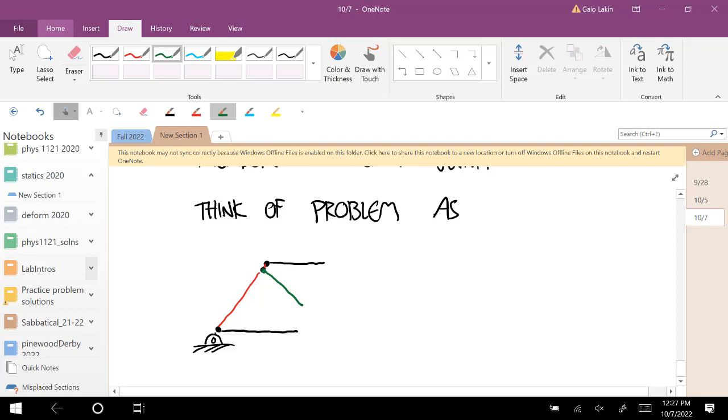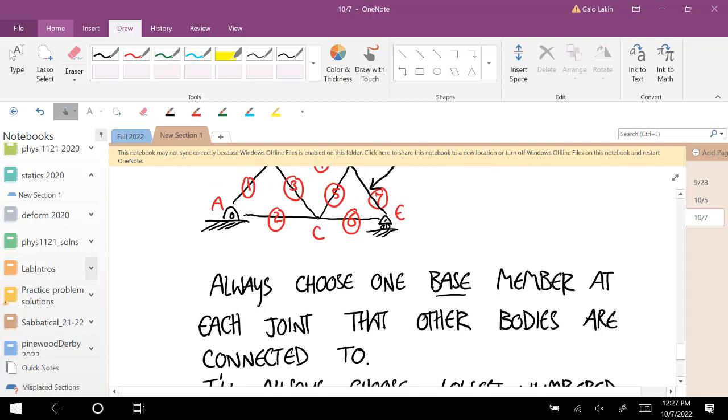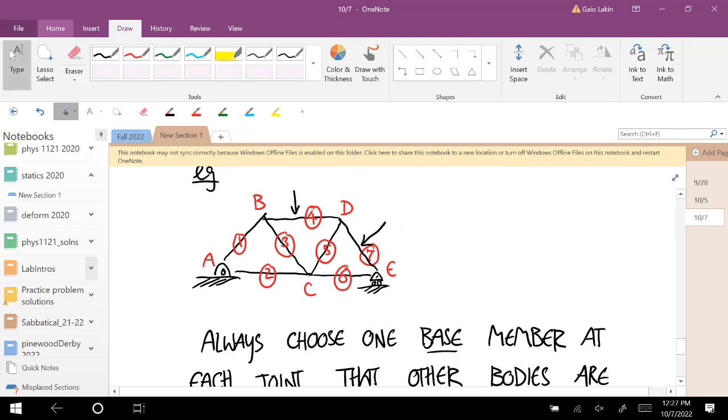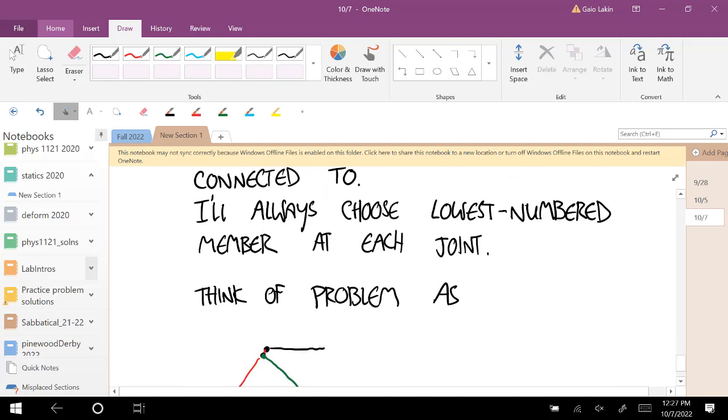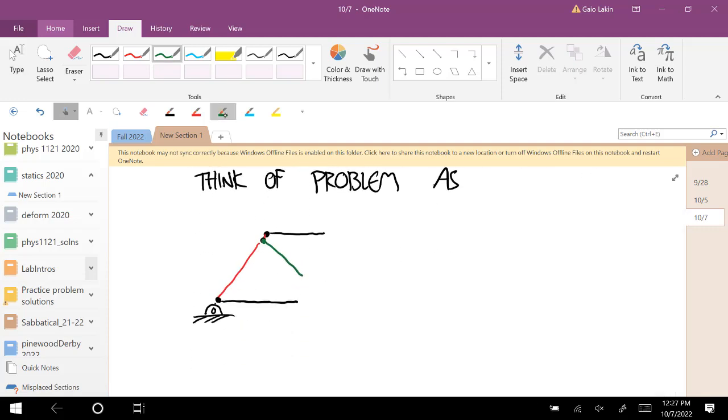Okay, are you with me on that? At the joint C, what's the lowest numbered member? 2, so everything connects to 2. So here's 2.